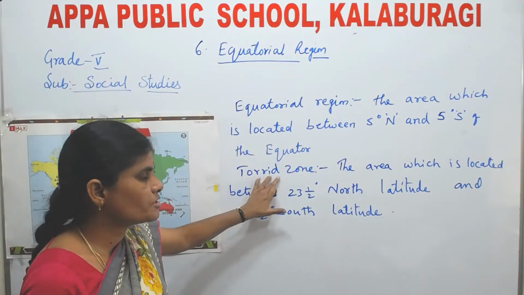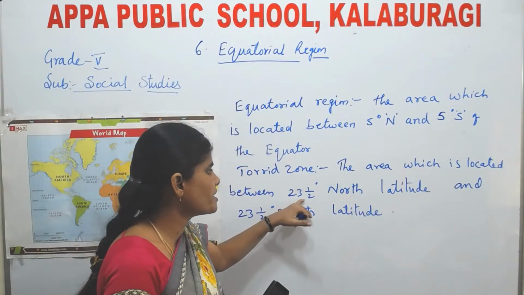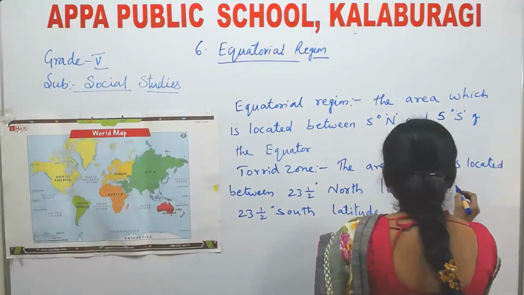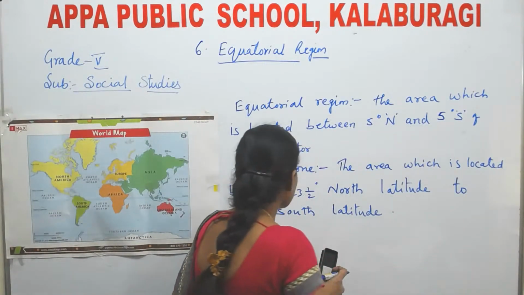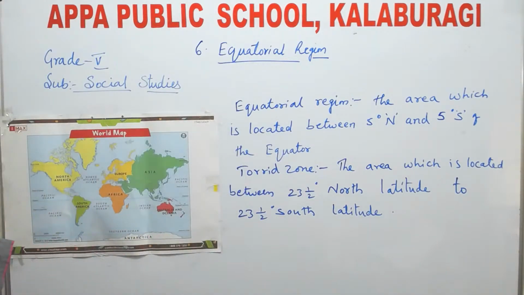See, what is the torrid zone? The area which is located between 23.5° north latitude to 23.5° south latitude. Let us see here. This is called 23.5° north latitude and this is called 23.5° south latitude.